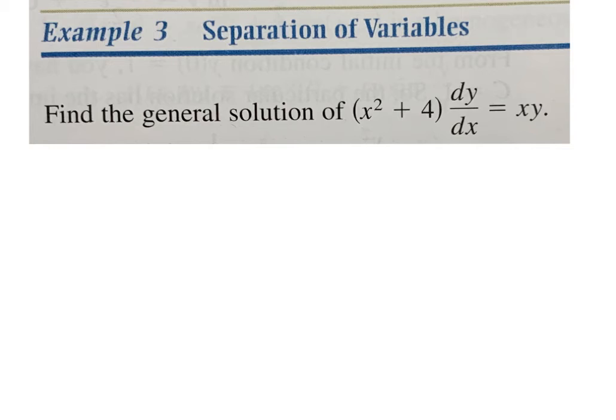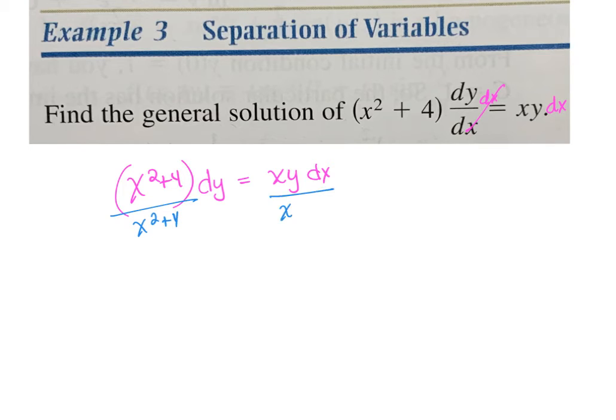And so even if you do that first, so you can see where you're headed, if I multiply both sides by this dx here, you'll see that I have x squared plus 4 dy equals xy dx. And so now I need to get this guy over here and the y over there. So if I divide both sides by x squared plus 4, I have dy equals my x, I'm going to write it this way, over x squared plus 4 dx.